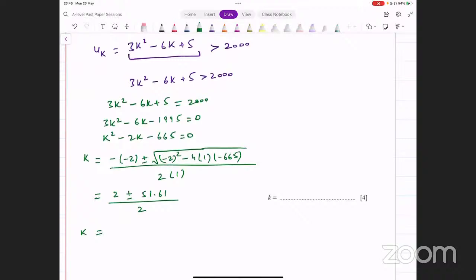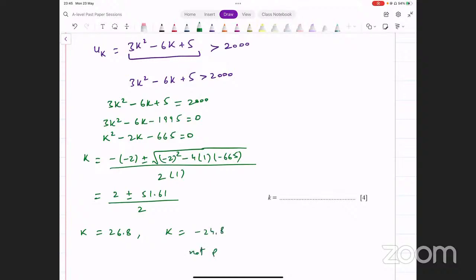2 plus 51.61 divided by 2, that gives me 26.8 and the other is going to be negative. तो negative तो हो नहीं सकती, इसे हम लिख देते हैं. 2 minus 51.61 divided by 2, that's minus 24.8.